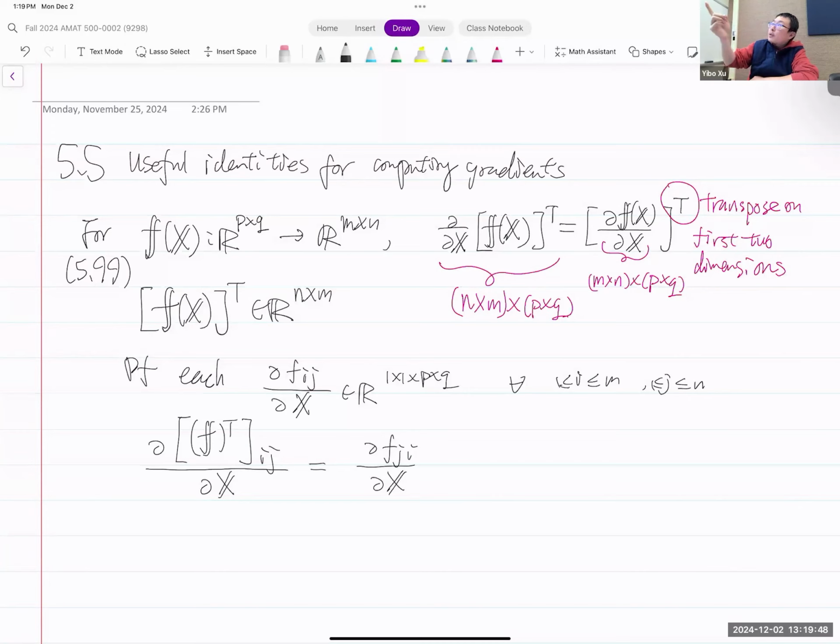That scalar is exactly this. Now you see, here I'm stacking i first and then j. So that's exactly the transpose of the first two dimensions of the four-dimensional tensor that I have on the right-hand side. This is exactly what this is.